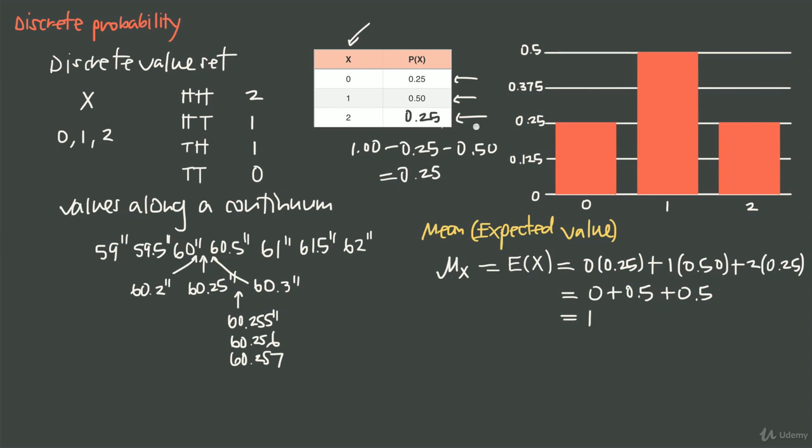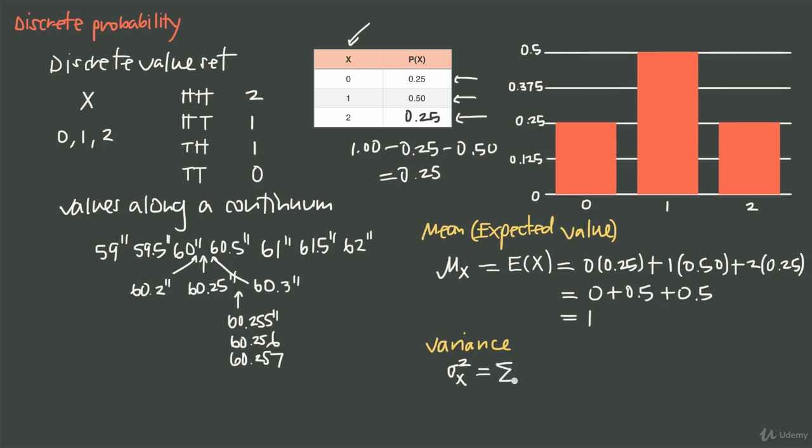And then the variance. For a discrete random variable, again, we have to weight it just like we did for the mean or the expected value. So the formula we use for variance is always sigma squared, but we put the capital X there to indicate the discrete random variable.